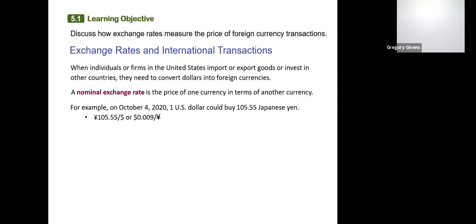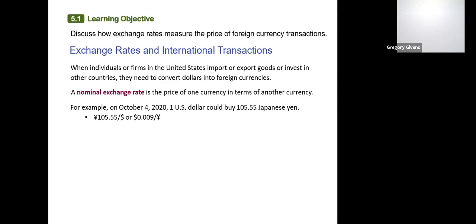It would be 105.55 yen per dollar. Or alternatively, we could flip the exchange rate on its head and express it equivalently as $0.009 per Japanese yen.